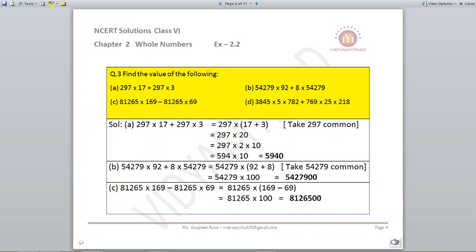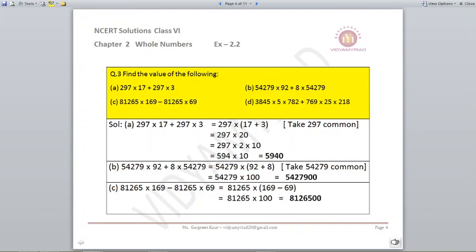So what is 17 plus 3? 20. So 297 multiplied by 20. Ignore 0 for a while. Do 297 multiplied by 2, which will give you 594. Put 0 at the end. That gives you 5940 as your answer.